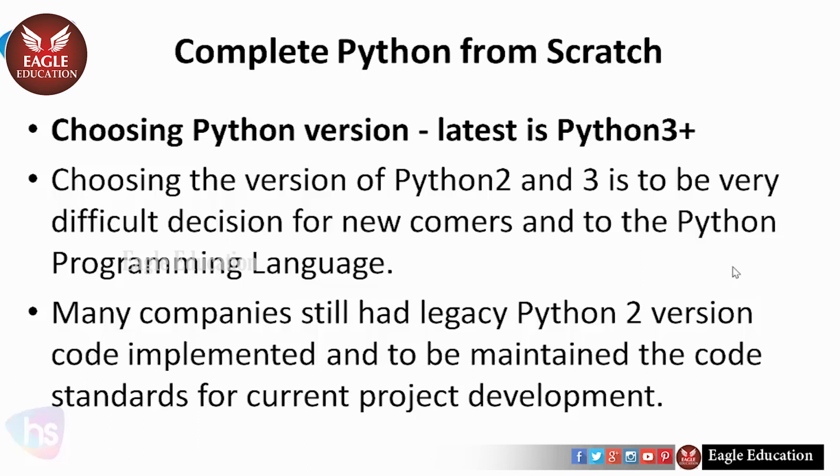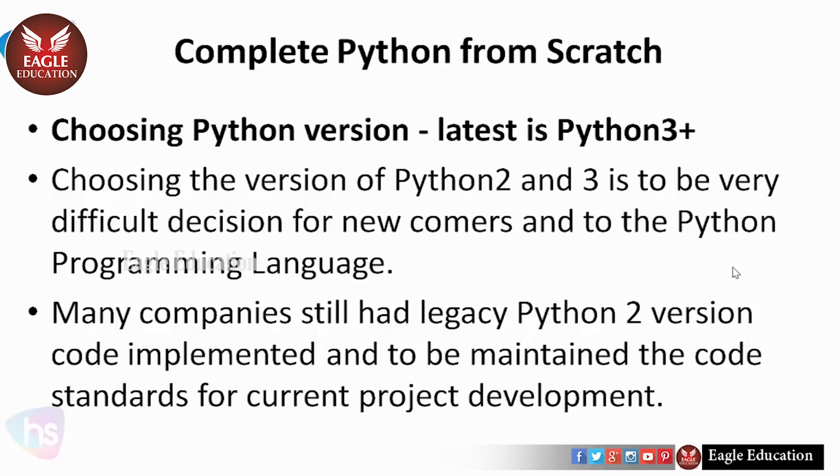Choosing between Python 2 and 3 is a very difficult decision for newcomers. It is a pretty big challenge for Python freshers to decide. However, my suggestion is to take advantage of the latest Python course. You can always learn and choose the latest Python.